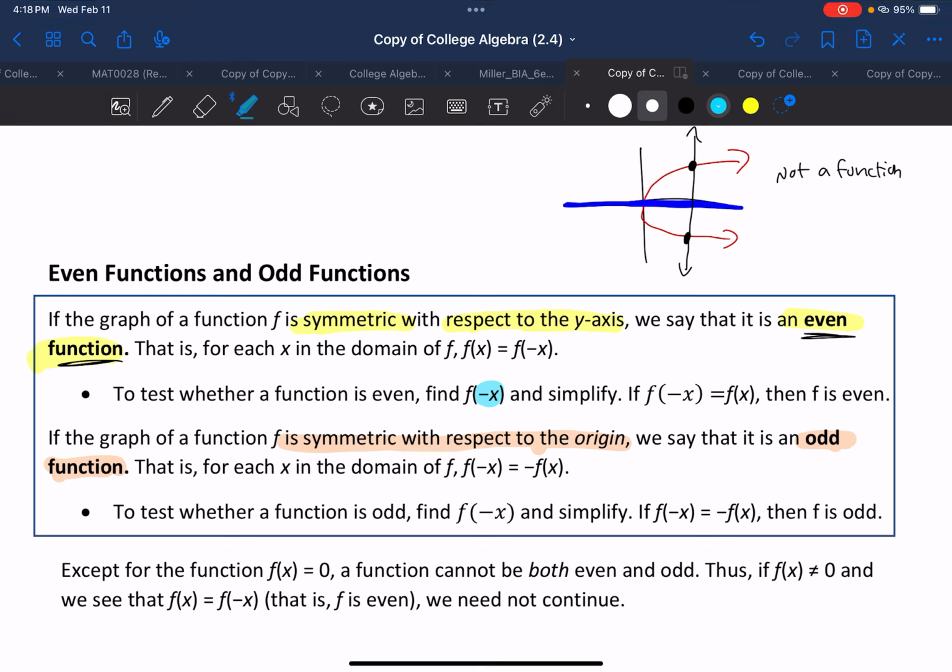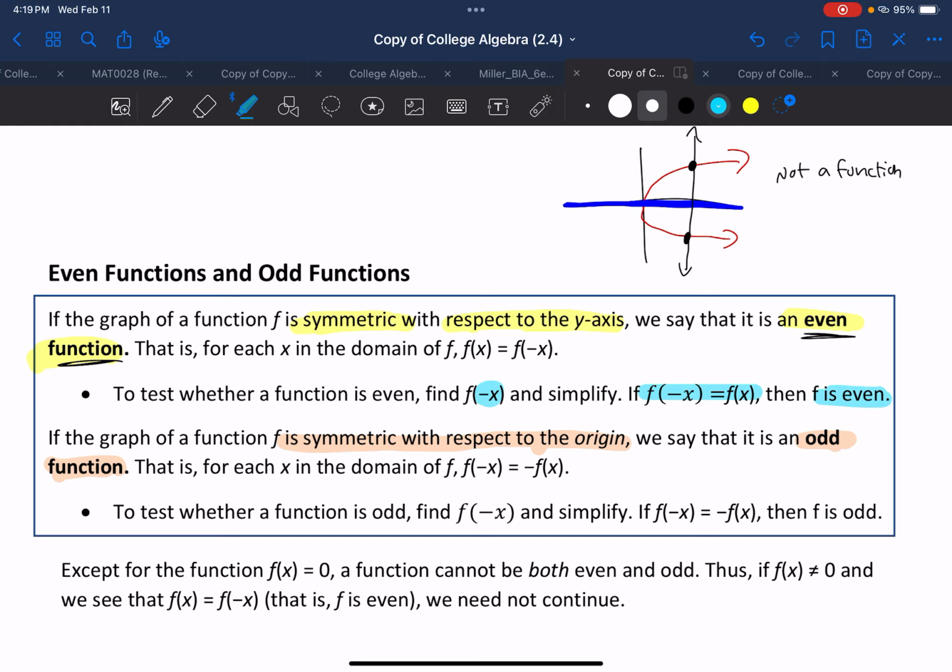So that's what we just did on the test for symmetry about the y-axis. We'll plug in negative x into the function, and if that results in an equivalent function, if it results in the function we started with, which is f of x, then that function is even, which means it's symmetric about the y-axis. So that's the same exact test we did on the previous page.